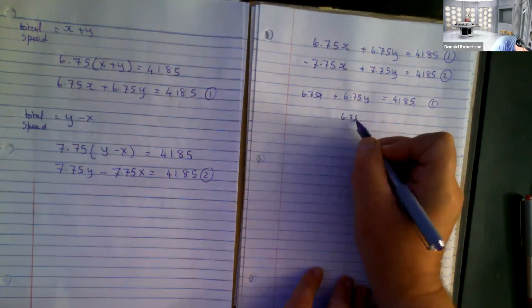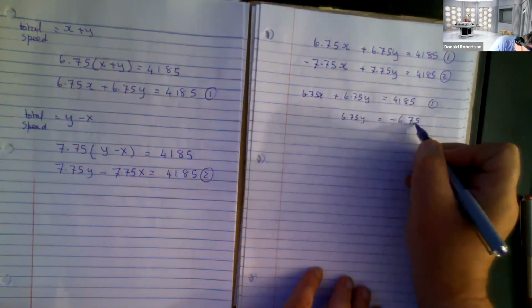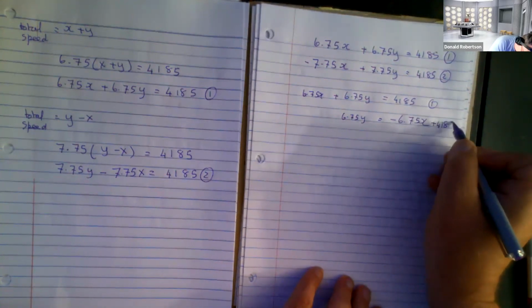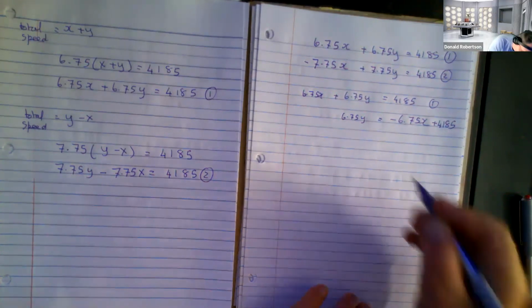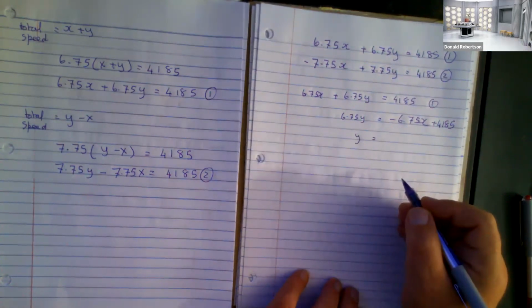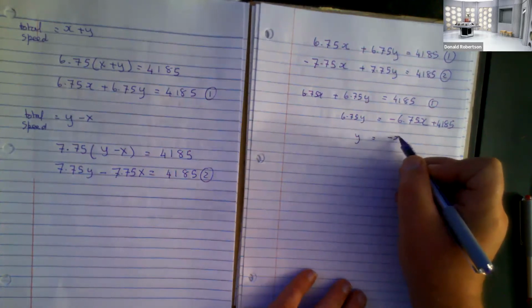So even when the terms that you're dealing with are big and ugly decimals, the process that I use is not going to change. I'm going to subtract 6.75x from both sides. I'm then going to divide everybody by 6.75. And that becomes negative 1x.